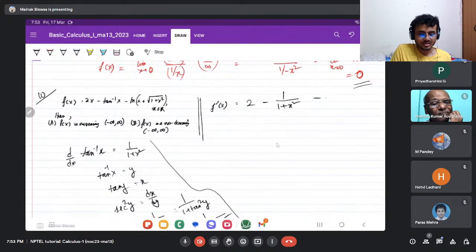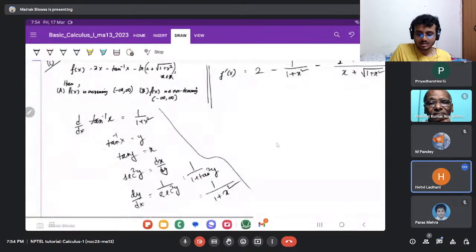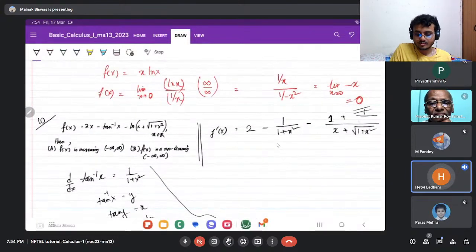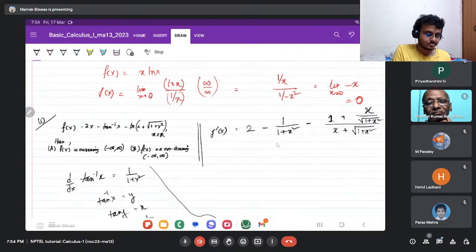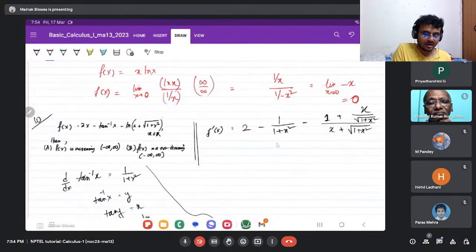Log x is 1 by x. So what will be the derivative? Can you help me? 1 plus x square. Then the numerator is 1 plus 1 by 2 under root 1 plus x square into x. 2 and 2 will cancel. So you have half here. The derivative d/dx of 1 plus x square is 1 by 2 root 1 plus x square into 2x.